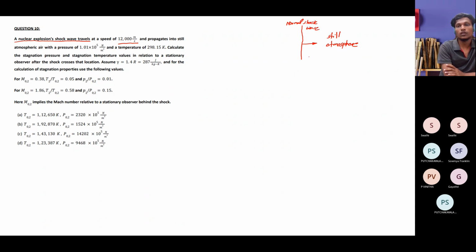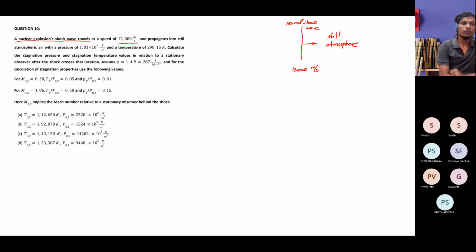Let me write the shock wave velocity as 12,000 meters per second. Then we can analyze it, and while finding the solution, we can indicate its letters.